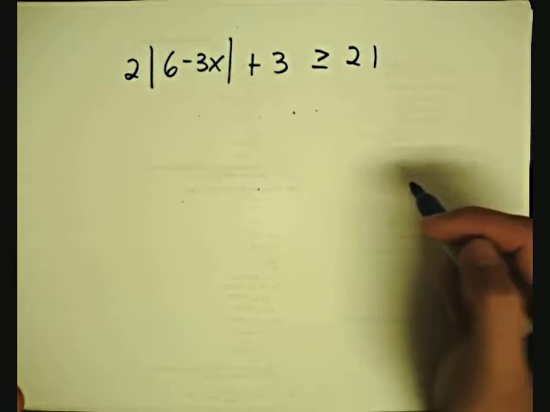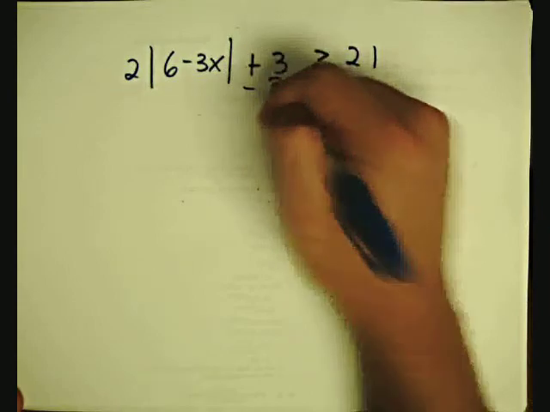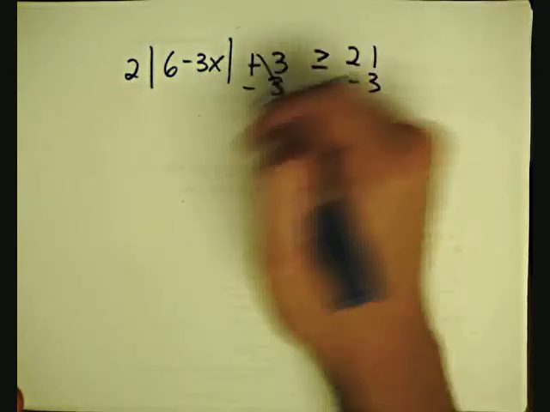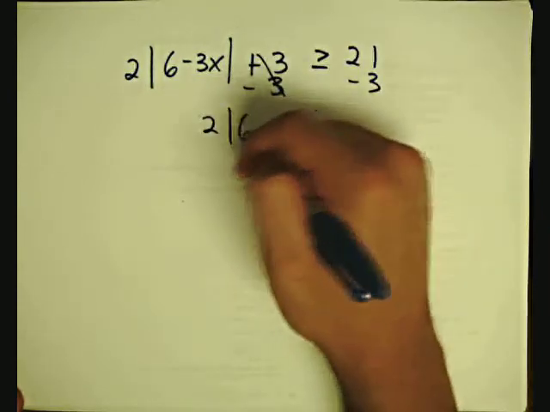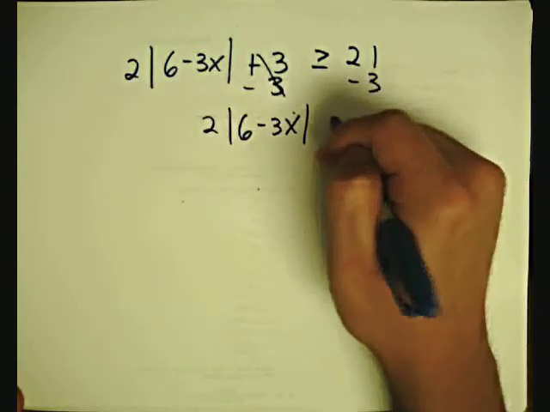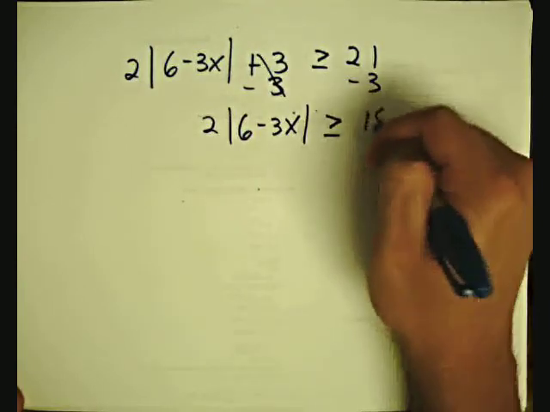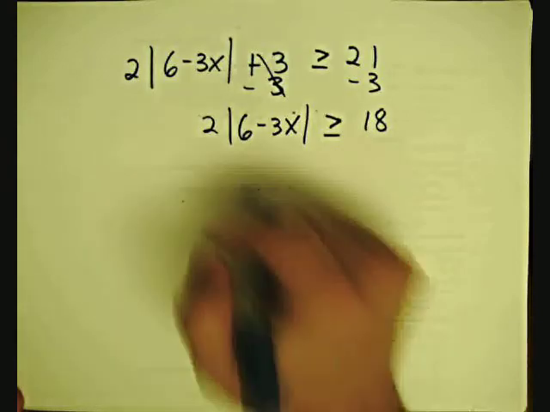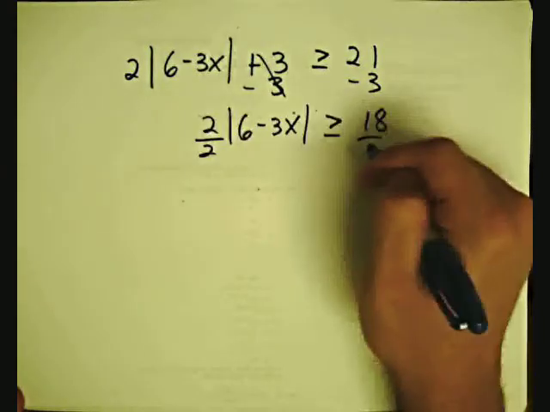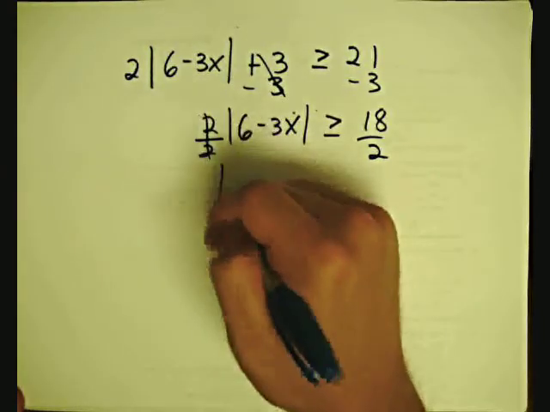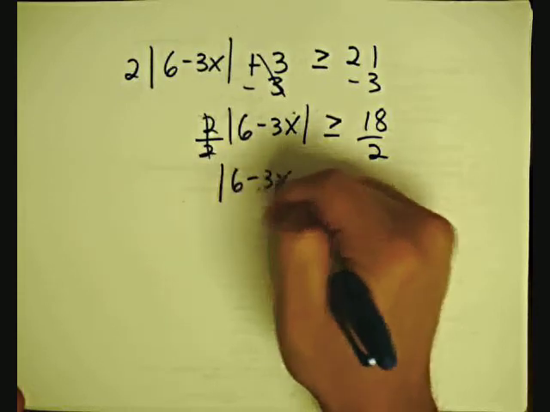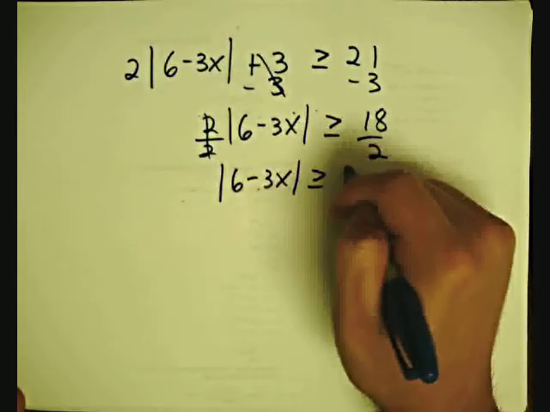So we want to start by subtracting 3. 2 absolute value of 6 minus 3x is greater than or equal to 18. And then divide both sides by 2. Absolute value of 6 minus 3x is greater than or equal to 9.